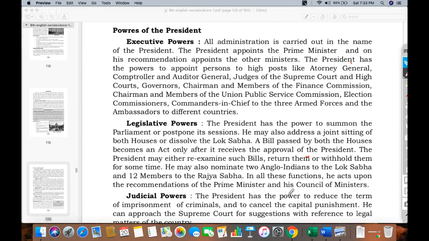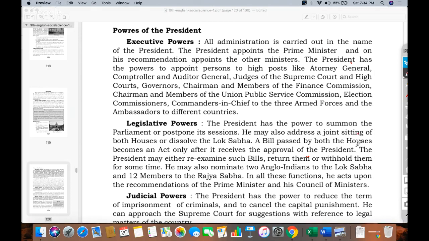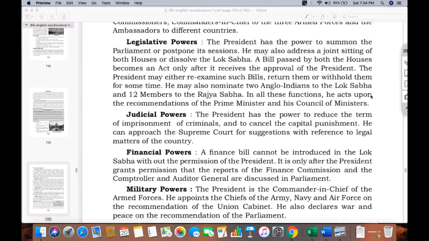So this is the legislative power. Then I have already told that he appoints 2 members of Anglo-Indian and 12 members in Rajya Sabha, and he acts upon the recommendation of the Prime Minister. Judicial power, I have already told you, is that he appoints the judges of the Supreme Court and High Court. If he needs any legal suggestion, he can approach the Supreme Court.